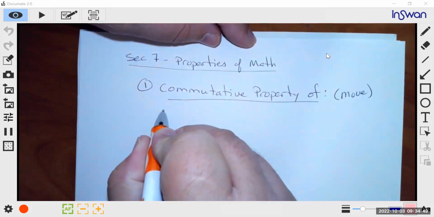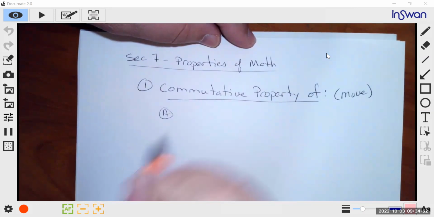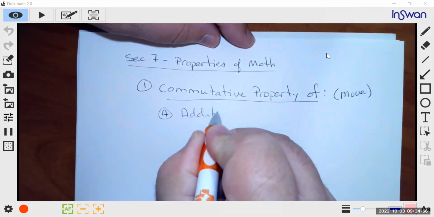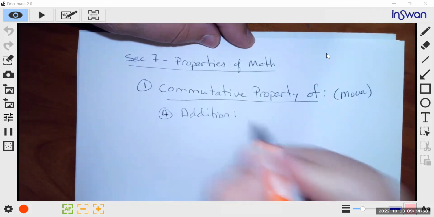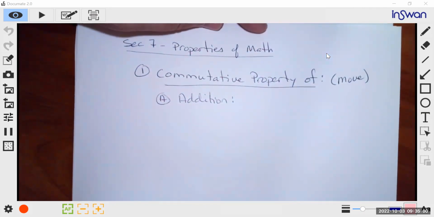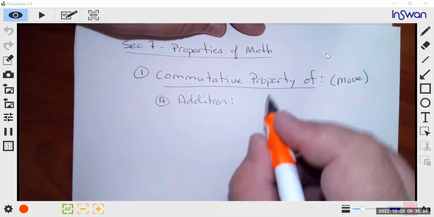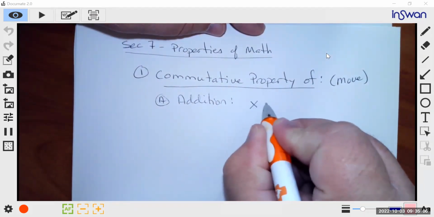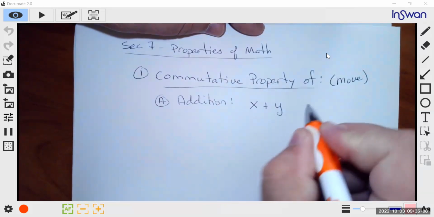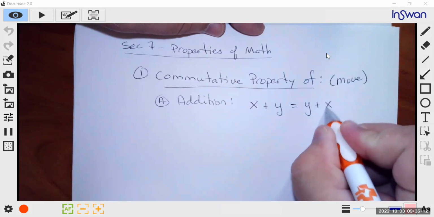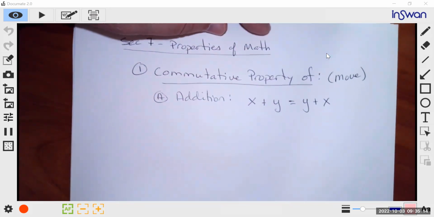We have two of them. The commutative property of addition says that if I have two numbers and I add them together, it doesn't matter which order I add them, it'll give me the same answer.